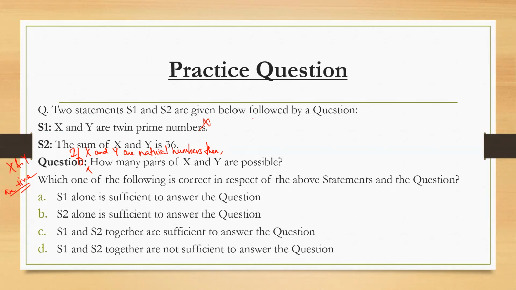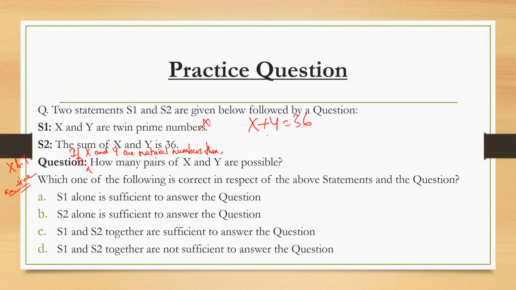Statement 2 says x plus y is equal to 36. So it is not asking what is the value of x and y. No, it is saying how many pairs of x and y are possible. कितने ऐसे pairs possible हैं. So here x and y have to be positive and greater than 0, right?